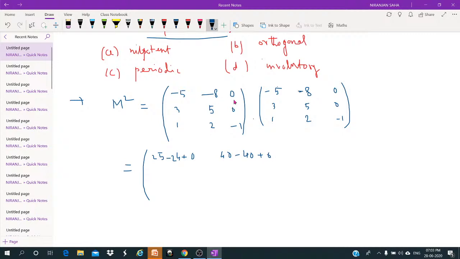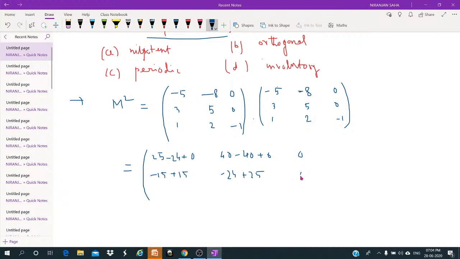And here it will be 0 0 0, just 0. Again the second row: minus 15 plus 15 and then 0. Now it will be minus 24 plus 25 plus 0, and here it will be again 0 0 0.